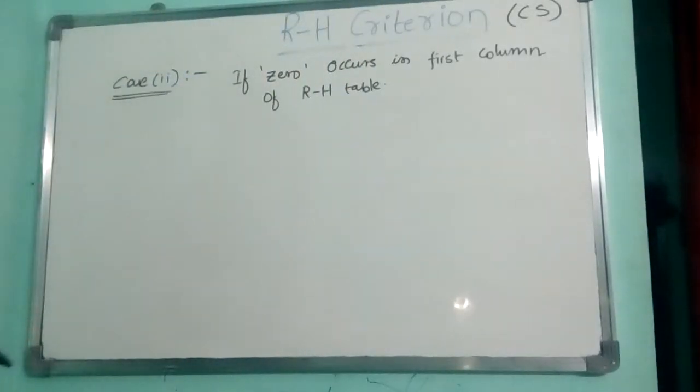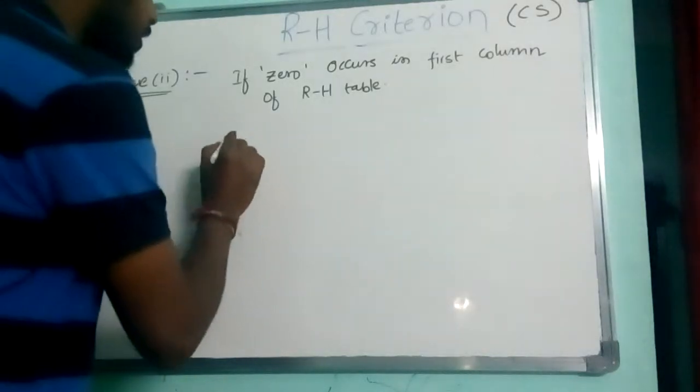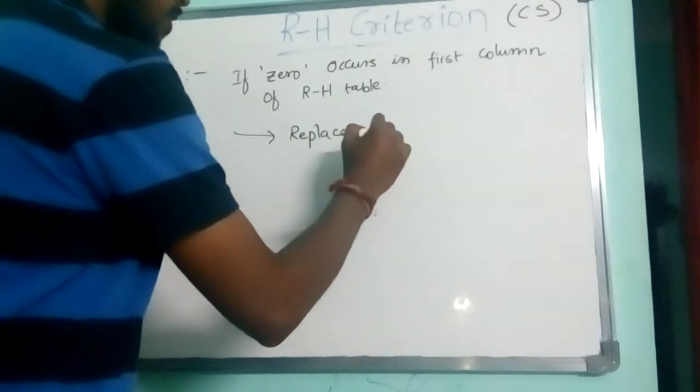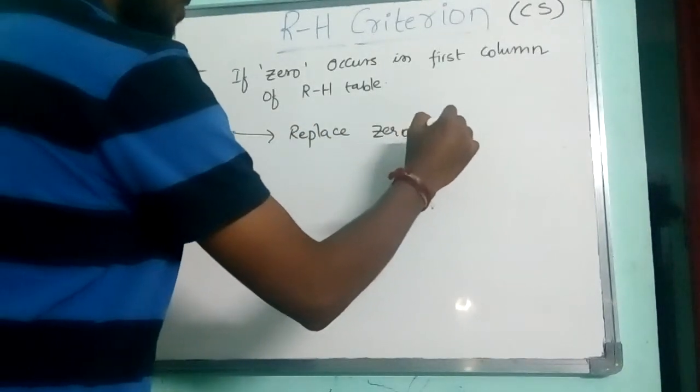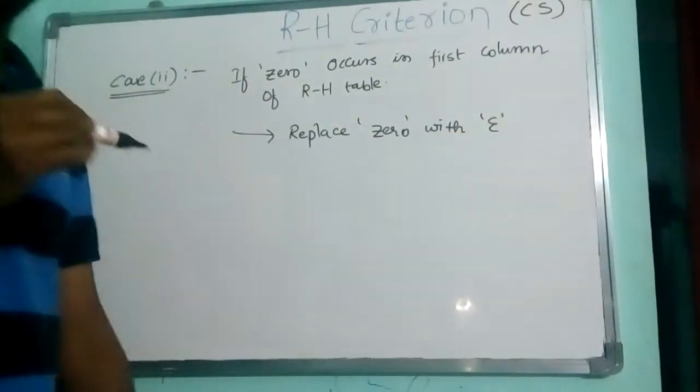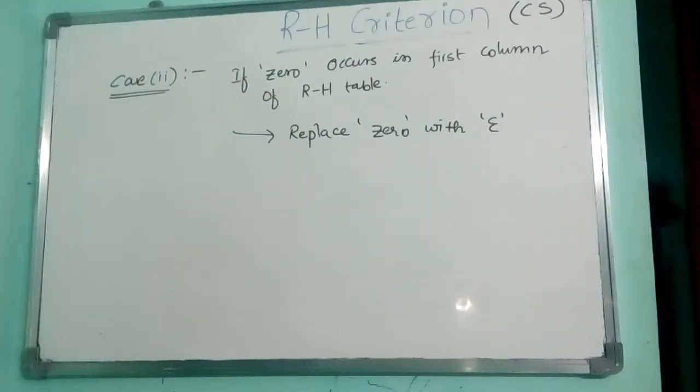Then what to do? Whenever we get the zeros, then what to do? First thing is to replace 0 with some constant. Replace 0 with some constant.